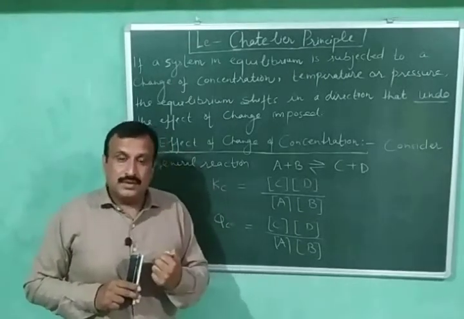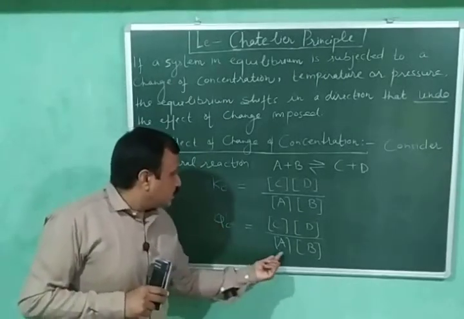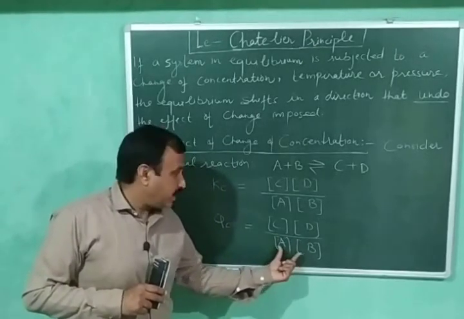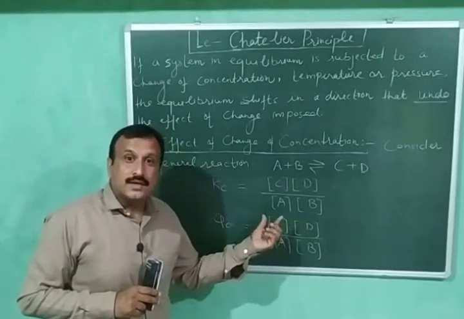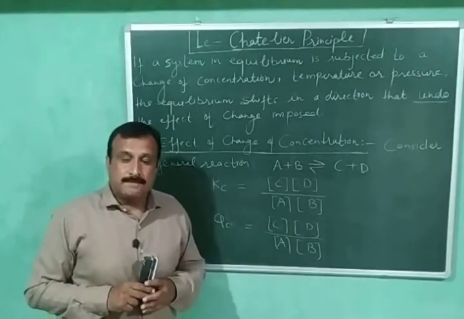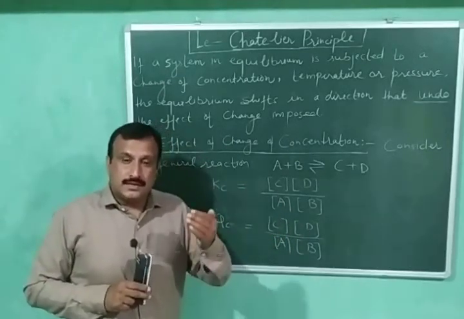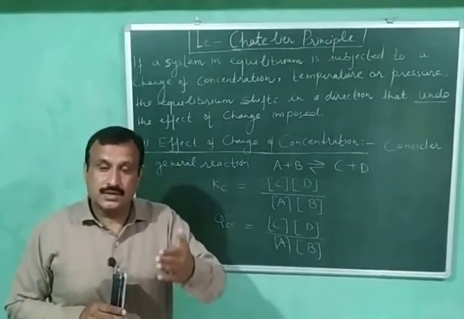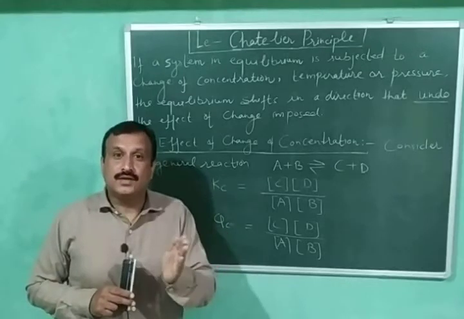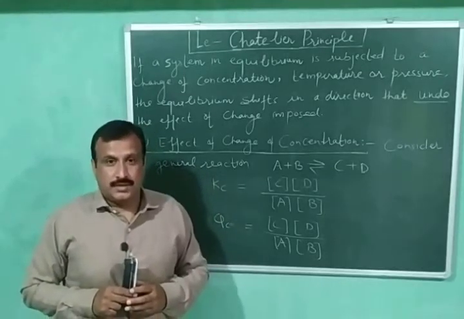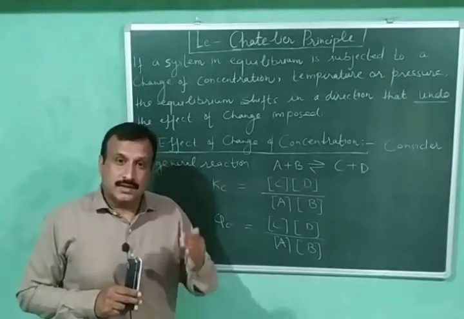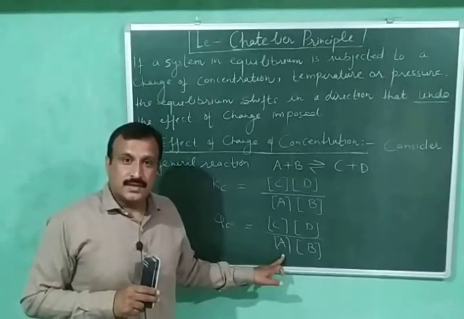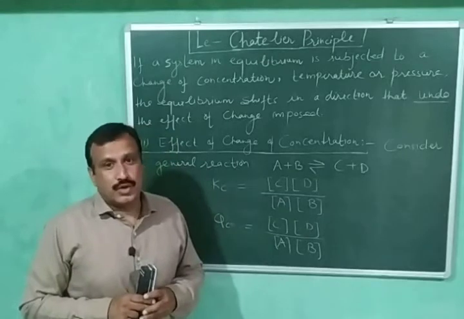And this will happen when the concentration of the reactants decreases and those of products increase. This means that the reaction will proceed in the forward direction, or the equilibrium will be shifted in the forward direction, because the forward reaction results in the decrease in the concentration of reactants and increase in the concentration of products.